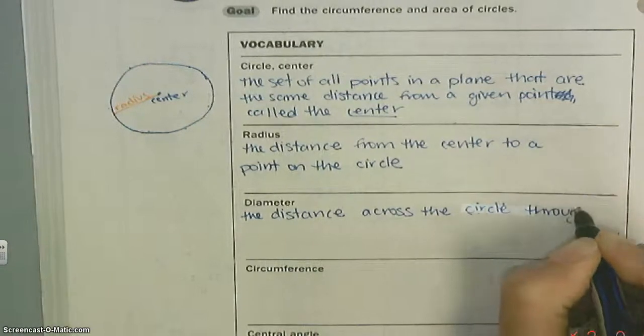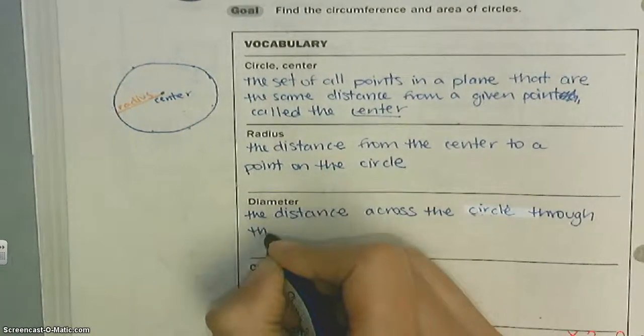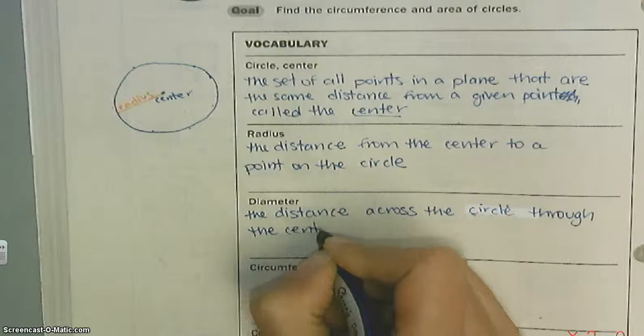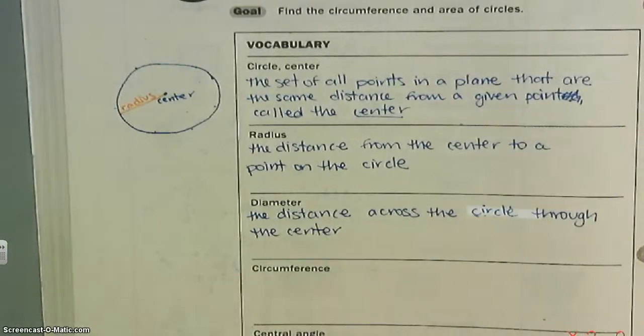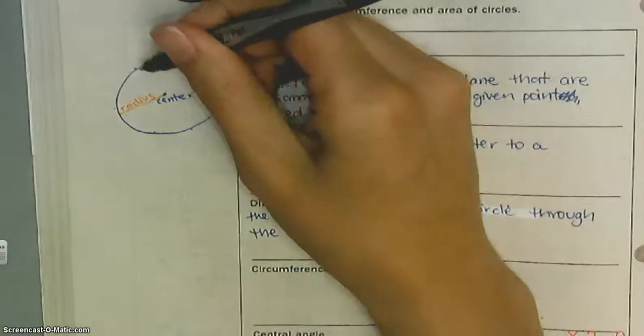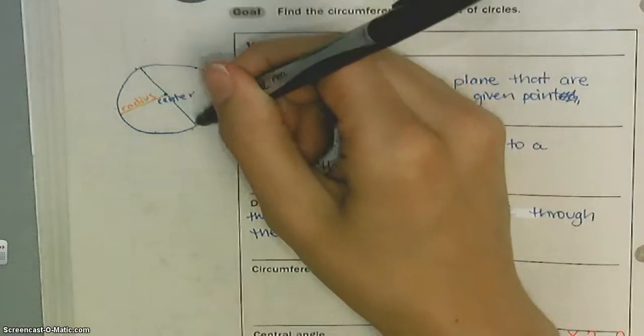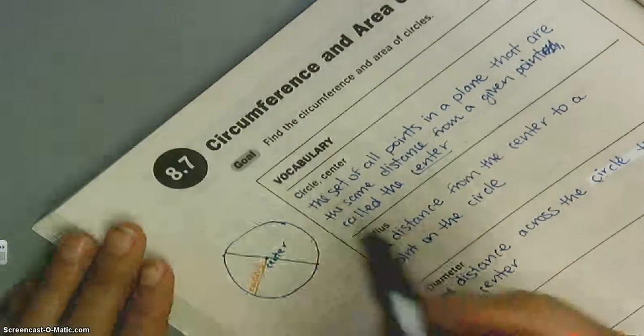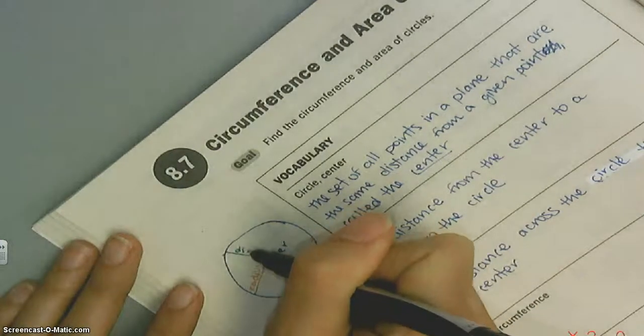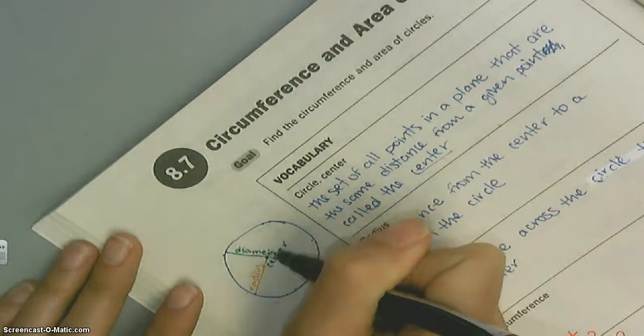Through the center. So if we go back to our picture, we have to go all the way across through the center. That is called the diameter. All the way across is the diameter.